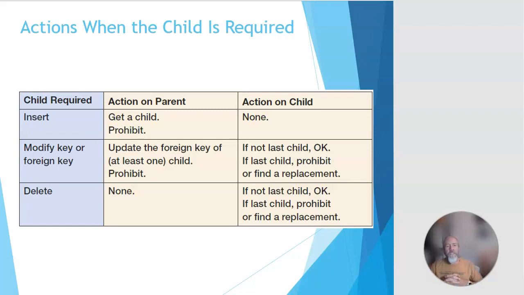Now, the situation where the child is required, this one's a little bit more complex, and I don't really have any good examples of this one that I can think of, at least off the top of my head. However, here's the thing. If you create a parent, let's say you create a section, but the logic is that you can't have a section unless there's students in it.